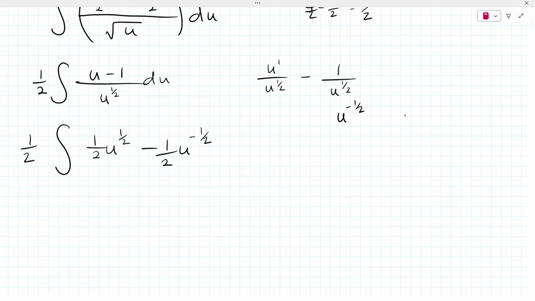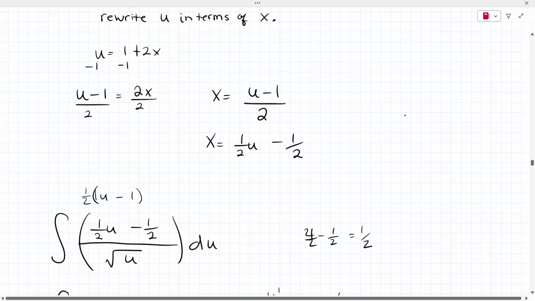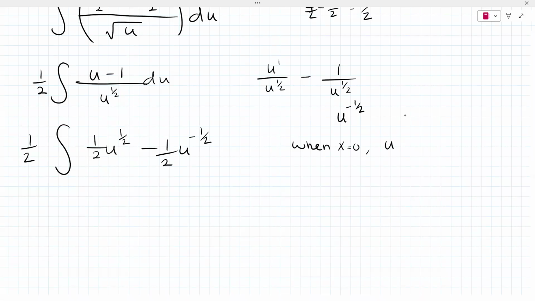Then you have to change your boundaries, since we said I'm not going to use 0, 4. When x equals 0, u is 1 plus 2 times 0, which is 1. When x equals 4, u equals 1 plus 2 times 4, which is 9. So my lower boundary is 1 and my upper is 9.